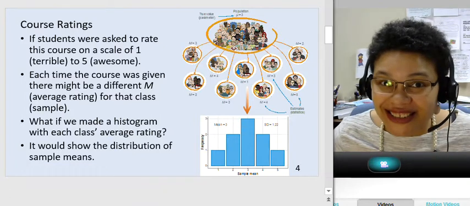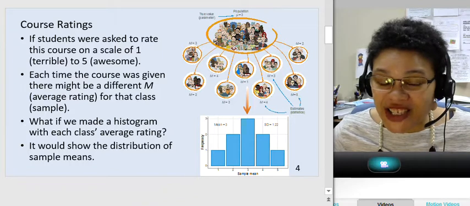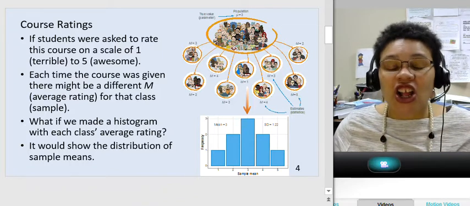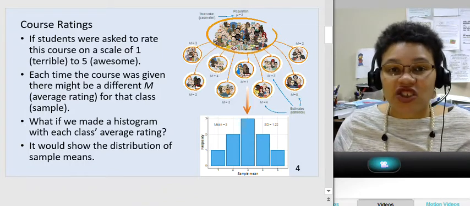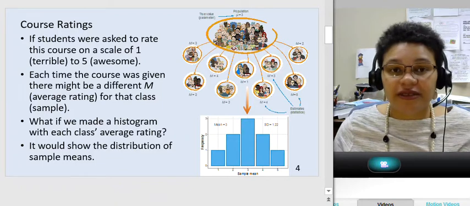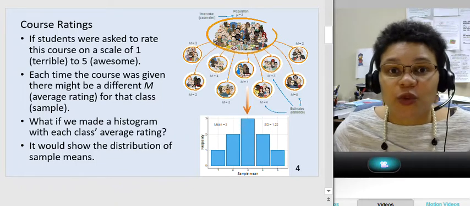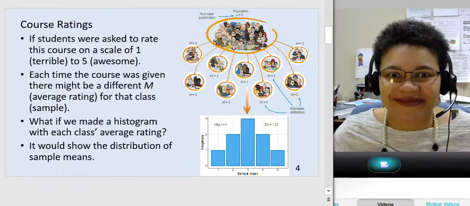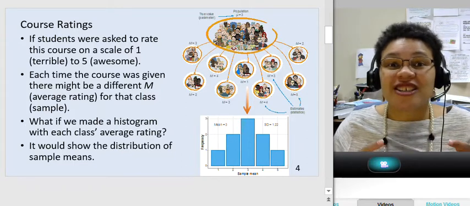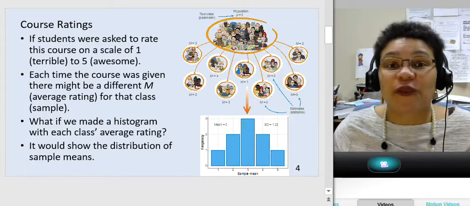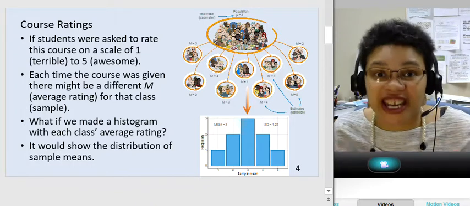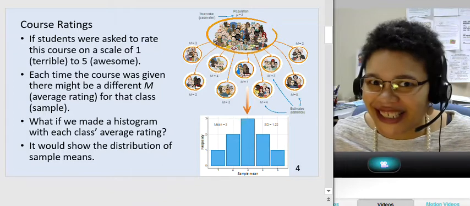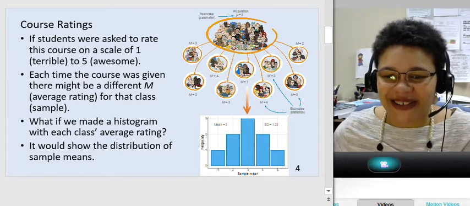You see that? A little different, right? So we're no longer looking at the distribution of scores. We're looking at the distribution of mean scores, the distribution of a statistic from a sample rather than a number from an individual. You see? Okay, let's keep going.